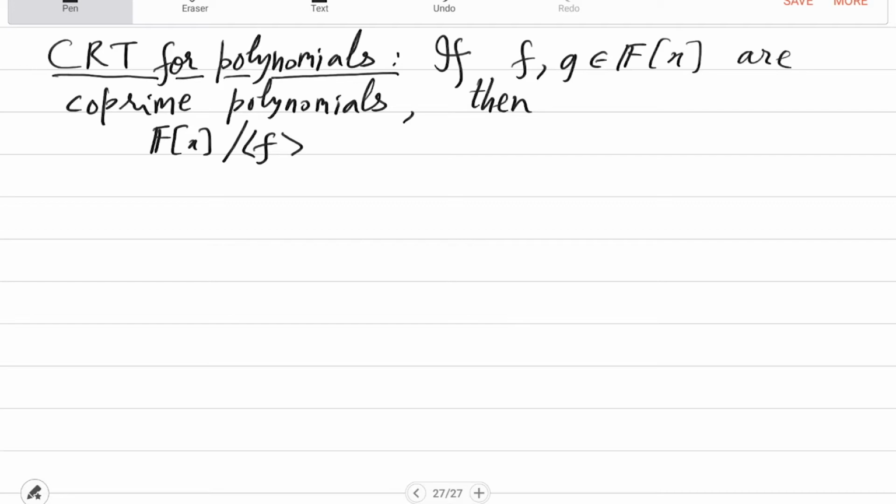So this is the first factor ring. The second factor ring is F[x] mod g. So mod f arithmetic and mod g arithmetic, this product is isomorphic to mod fg.